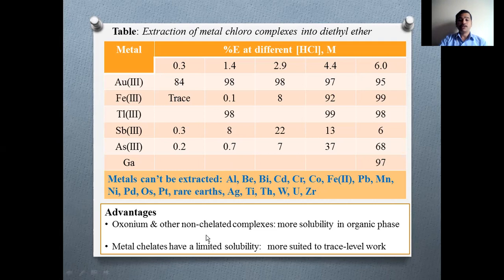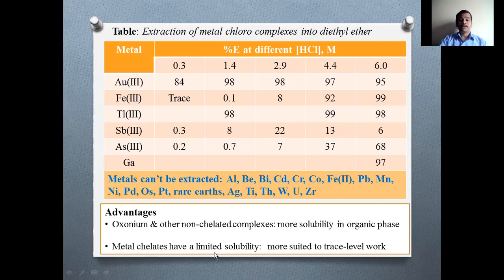These non-chelated ion association complexes and ion association complexes formed by the contribution of oxonium cations are more soluble in the organic phase. So we can go for the determination of such analytes whenever their quantity is more.